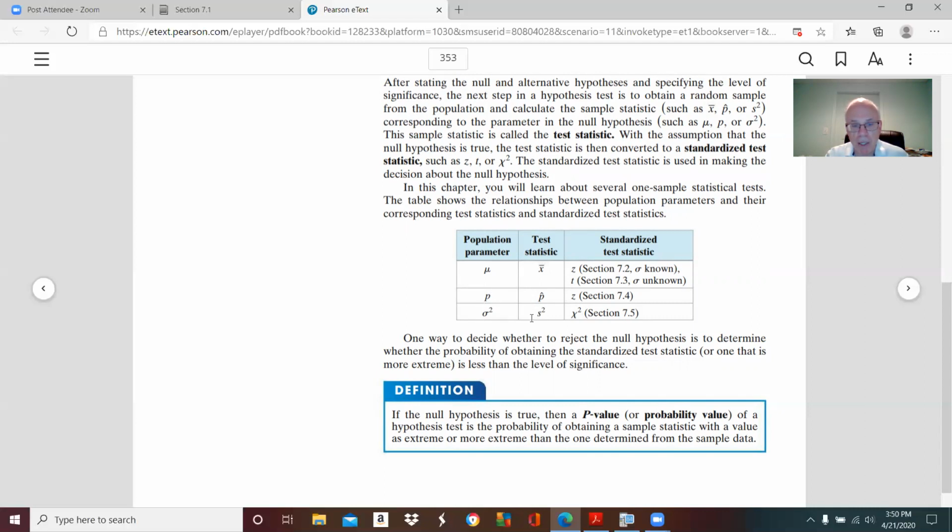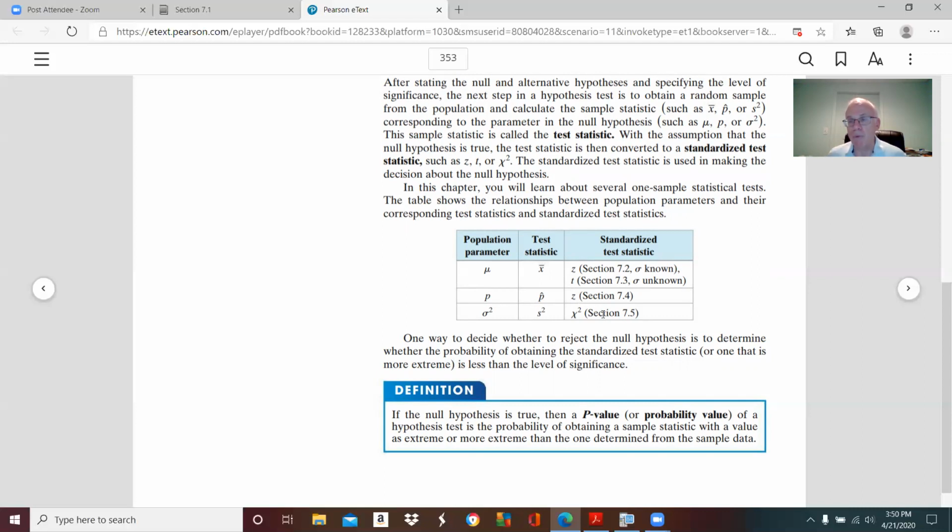Again, this third line here, we're not going to deal with. The test statistic itself is what's called a standardized test statistic. For a mean, we're going to use either a Z or a T. In other words, a standard normal or a T distribution. And for a proportion, we're going to use the Z only.